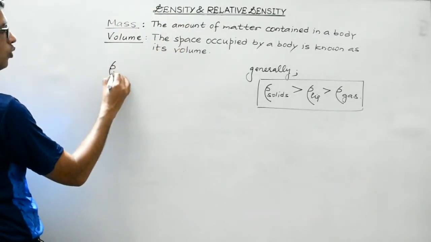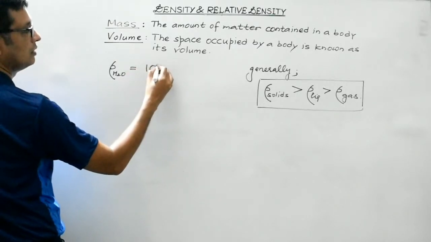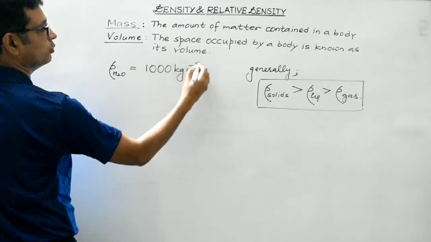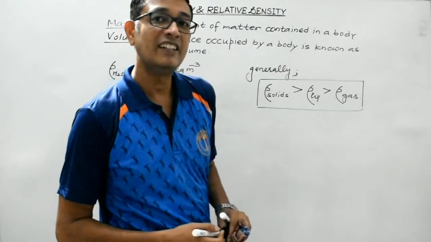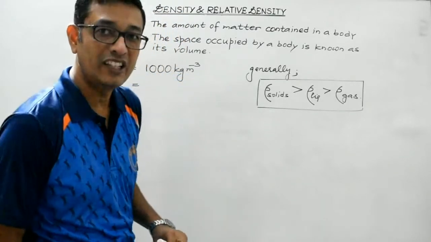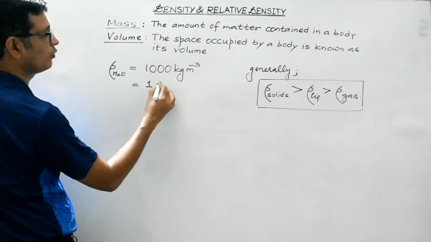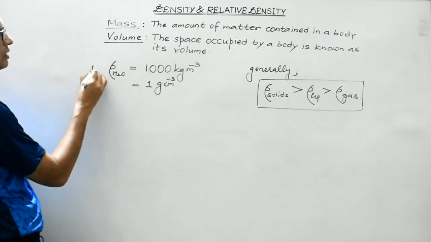Density of water: it is 1000 kg per meter cube. And I have told you 1 kg per meter cube is 10 raised to the power minus 3 gram per centimeter cube. So if you substitute the value, you will get 1 gram per centimeter cube. Please remember this value.